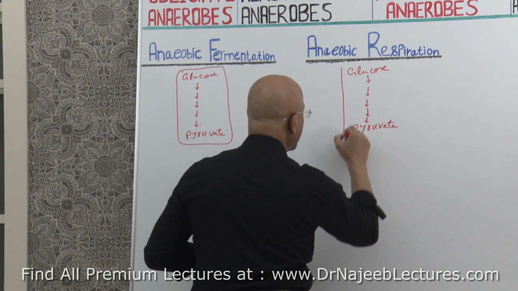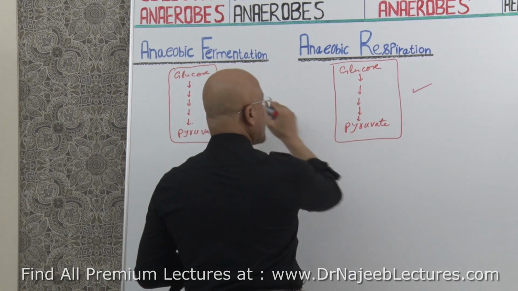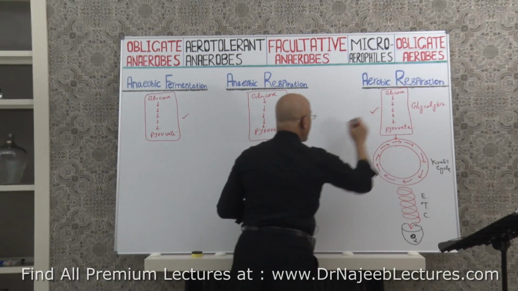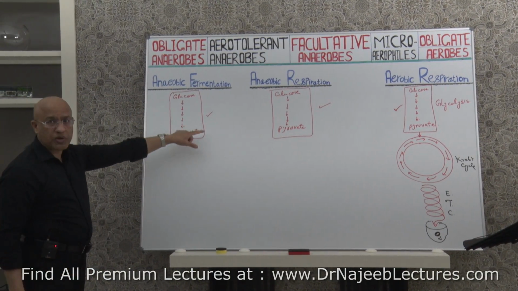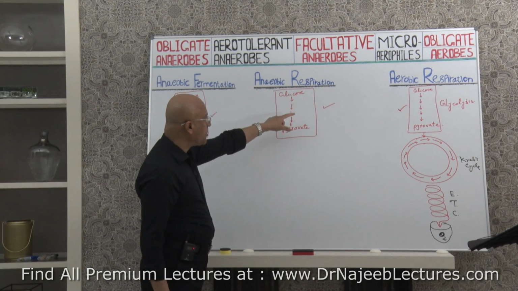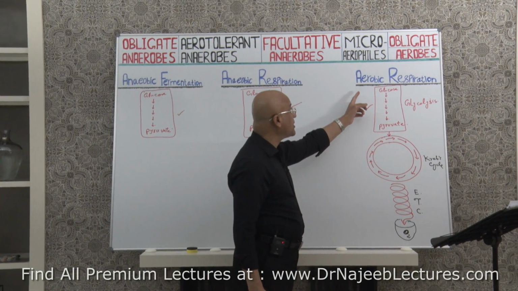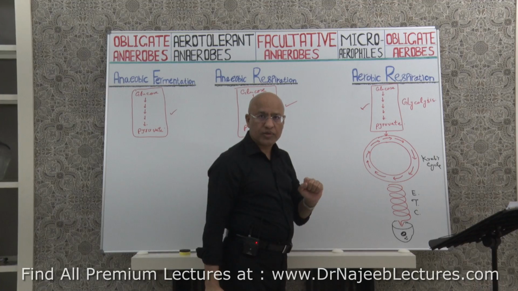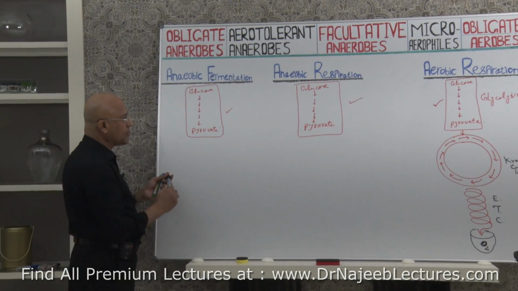This pathway is common in all three of them. It means it is present in anaerobic fermentation, it is also present in anaerobic respiration, and it is also present in aerobic cellular respiration. Now, some differences will occur.